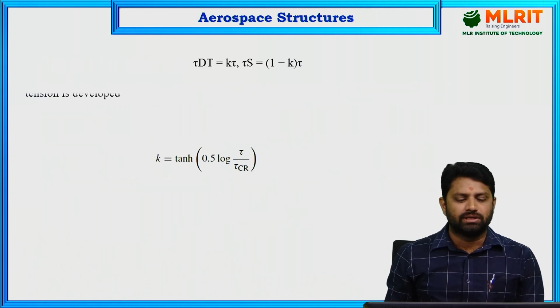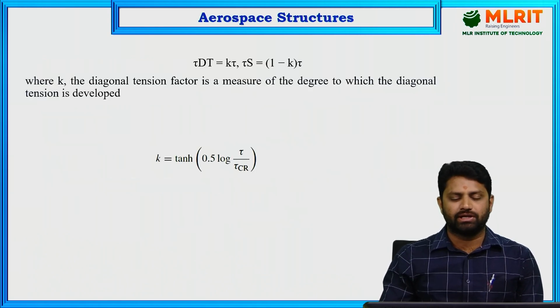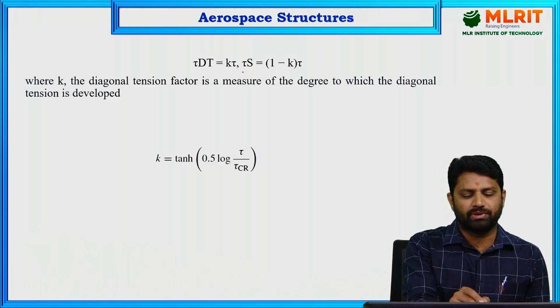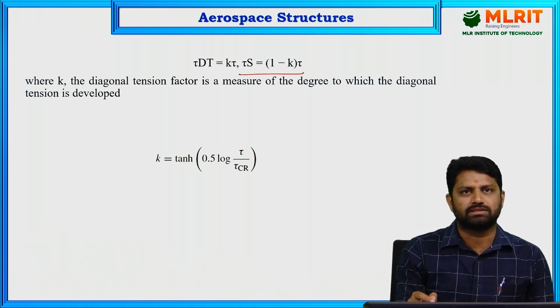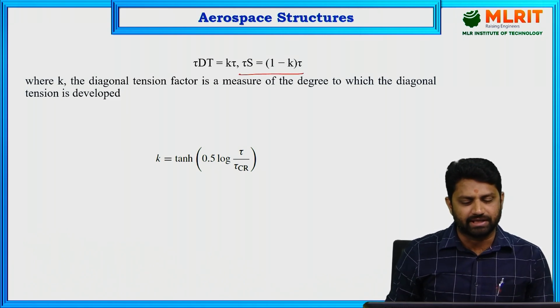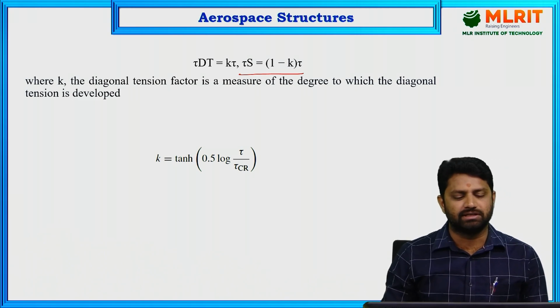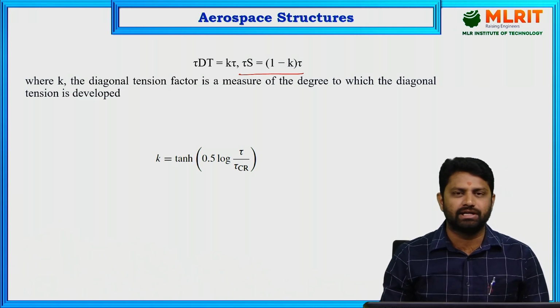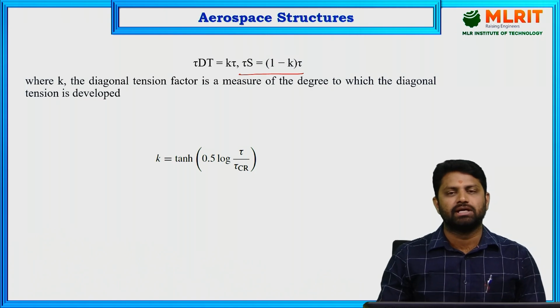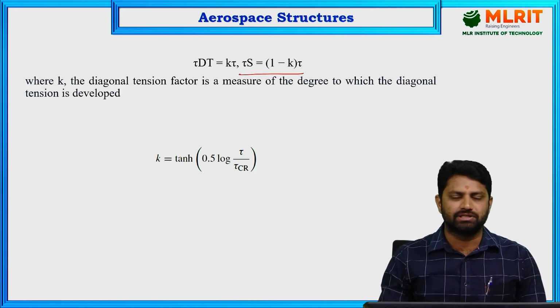The true shear component is written as tau s equals (1 minus k) into tau, where k is called the diagonal tension factor, which is defined as a measure of the degree to which the diagonal tension is developed.